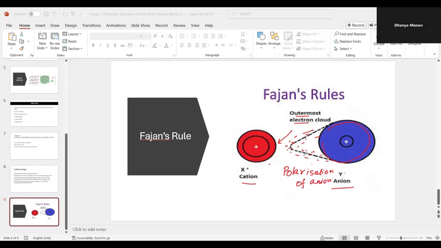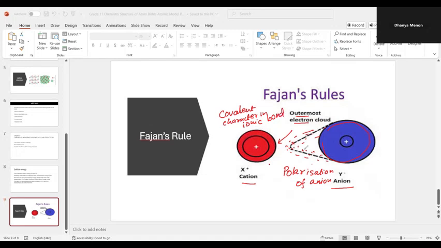And there is a certain bit of covalent character that comes into play. Okay, so this leads to covalent character in an ionic bond. This deformation of electron cloud by whom?